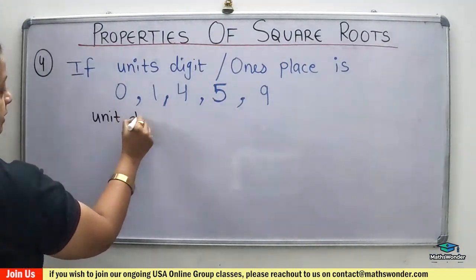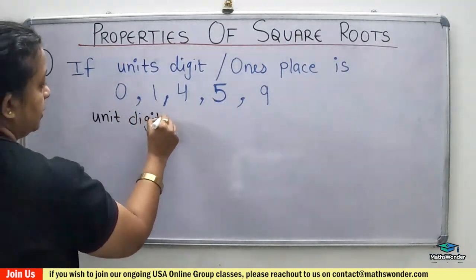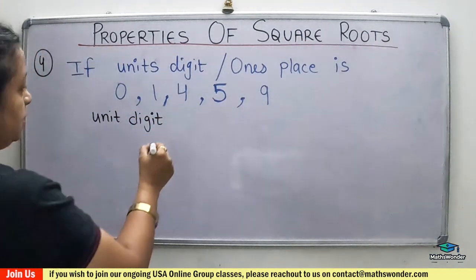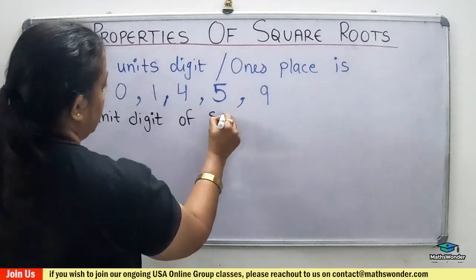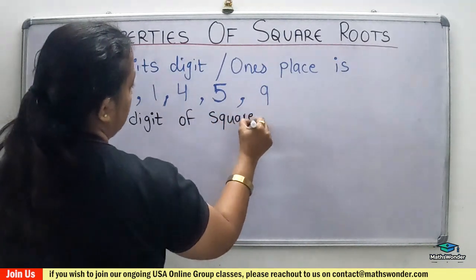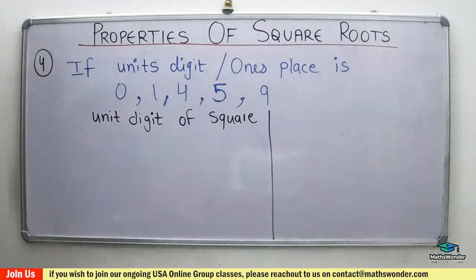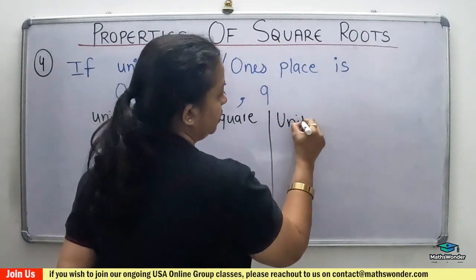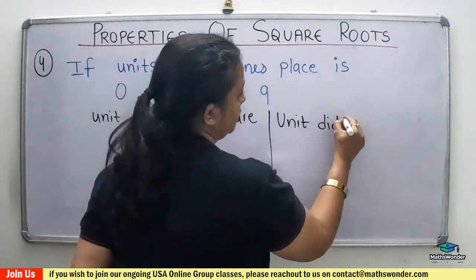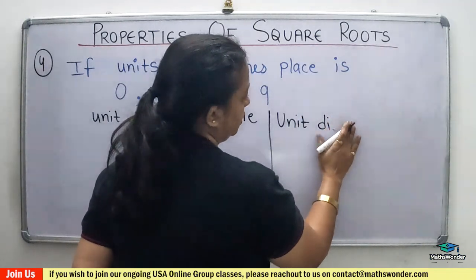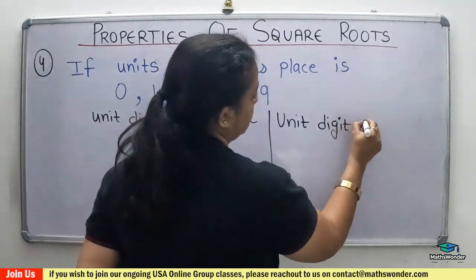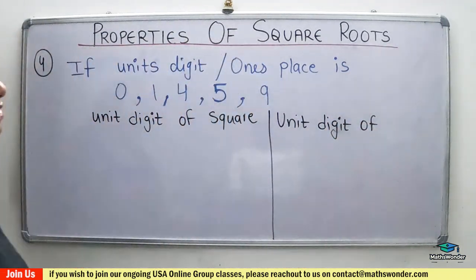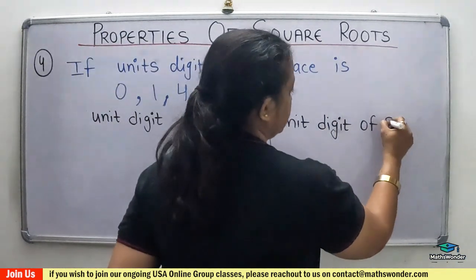unit digit of a square, or unit digit of square root.